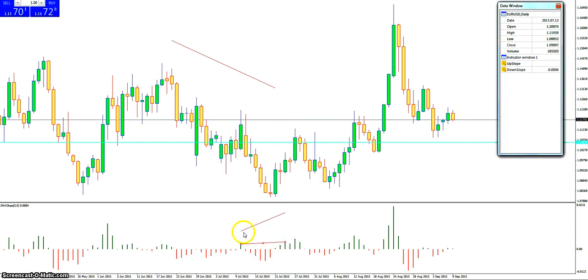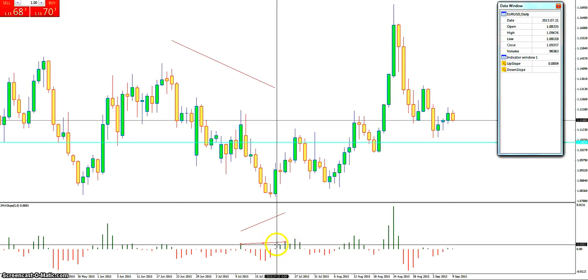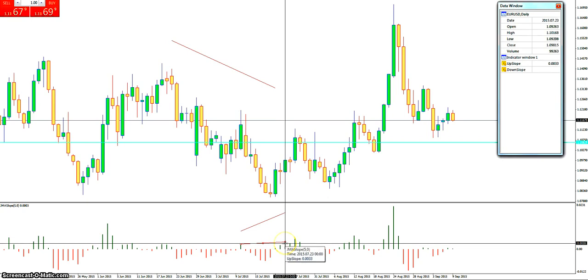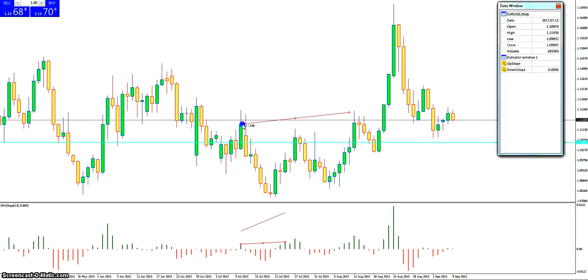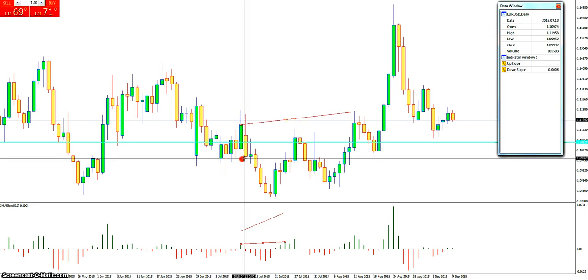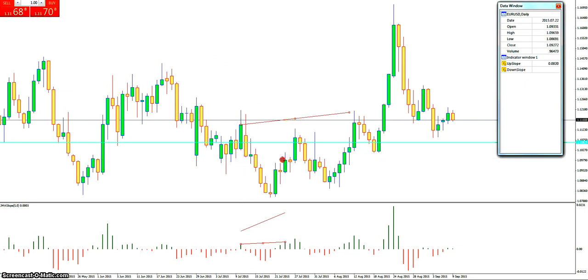So this is matching with this. So we got an upslope trend here, like this, meeting our criteria, and then we consider the closing price of these two bars. This is the bar, and this one is the bar. This is the closing price.